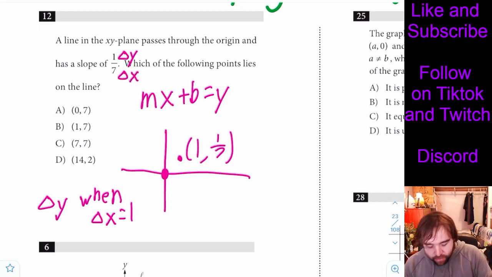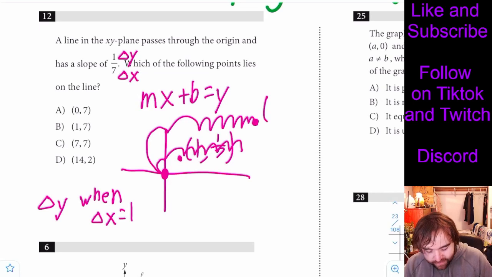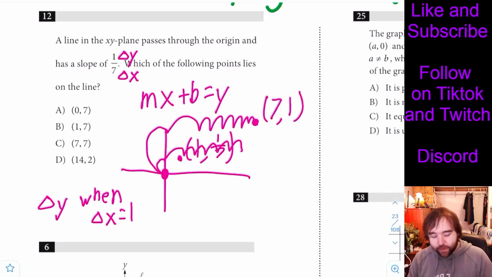So when we think about that, that's telling us y is going up by 1 when x is going up by 7. So that's not going to be totally to scale, so maybe we'll put it up here. It goes up by 1 when it goes over by 7. So that's the point. X went over by 7. Y went up by 1.